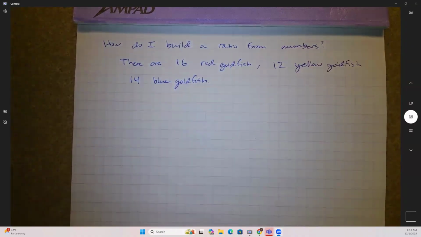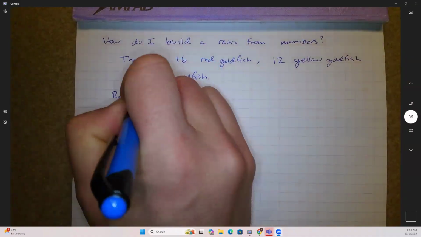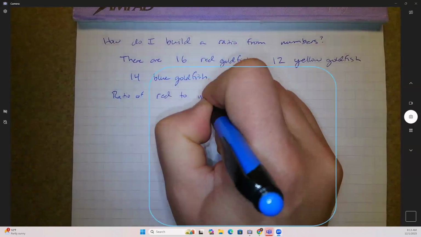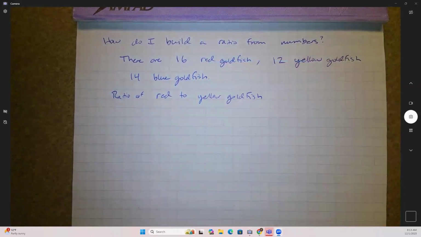I can build ratios from these numbers. I can look at, for example, the ratio of red to yellow goldfish.